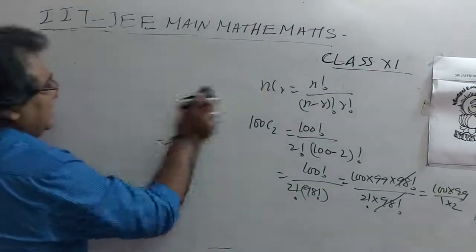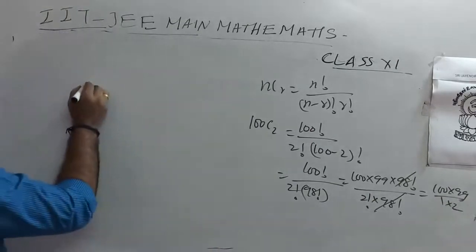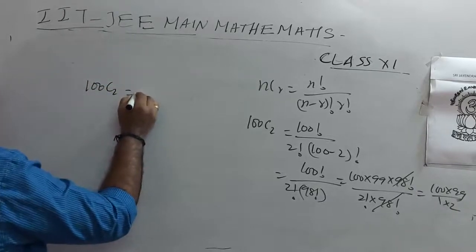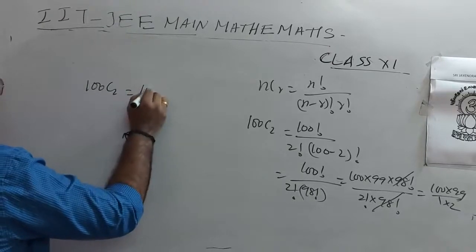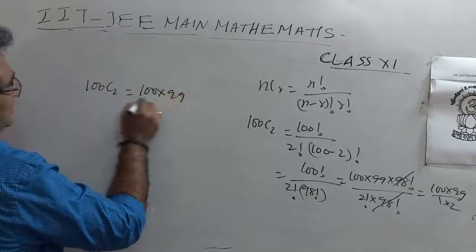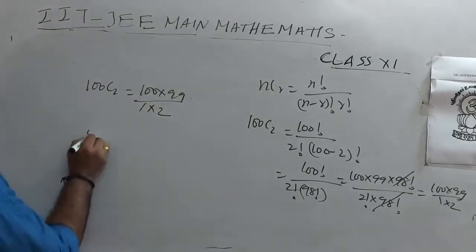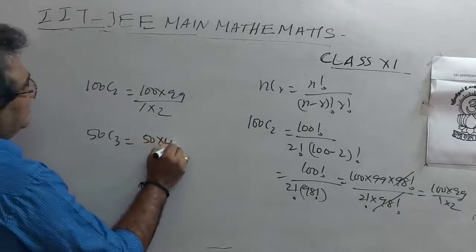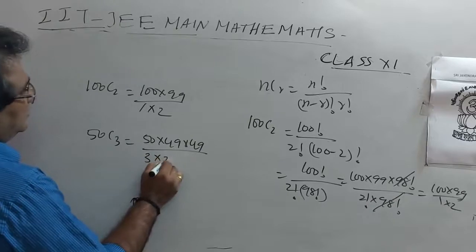So instead of writing these steps, 100C2, simply you can write 100 into 99 by 1 into 2, you can easily remember. Suppose 50C3 you want to find. You reduce 3 times, 50 into 49 into 48 by 3 into 2 into 1.